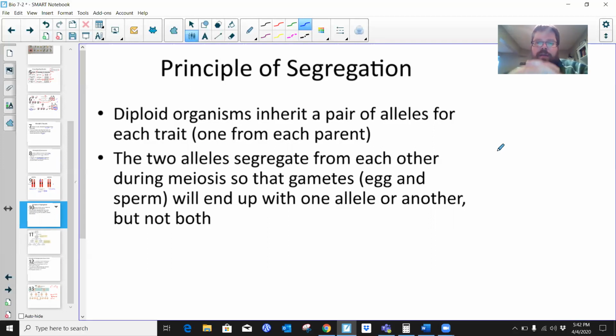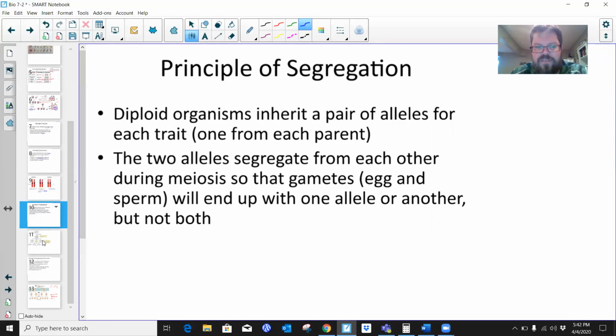Now, when sex cells are created by the parents, those sex cells can only have, because we learned that in meiosis you go from diploid cells down to haploid cells, they can only pass on one or the other. Same with dad. They can only pass on one or the other form of the allele.